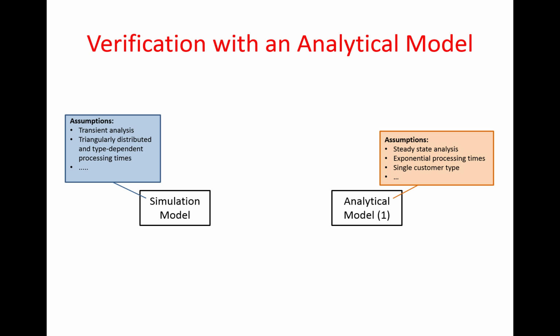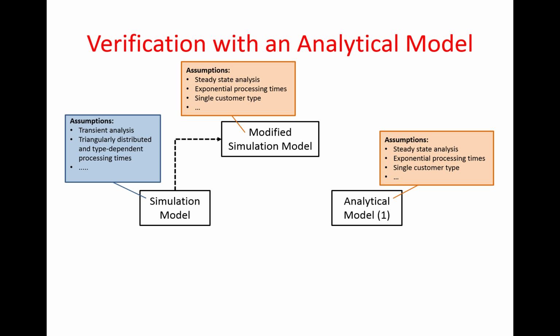Since the assumptions of these two models do not match one another, we can't directly use our analytical model to verify our simulation model. So what we did in this video, we modified our simulation model such that the assumptions of the modified simulation model match those of the analytical model. In our modified simulation model, we increased the run length, we added a warm-up period, and we performed steady-state analysis.